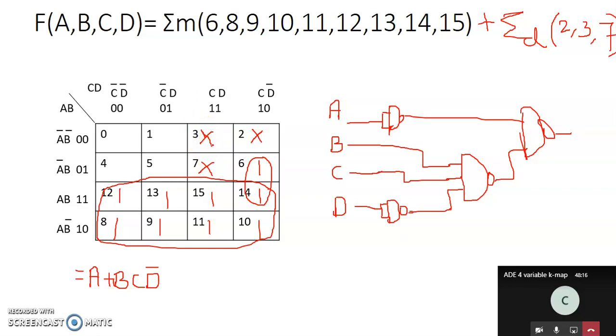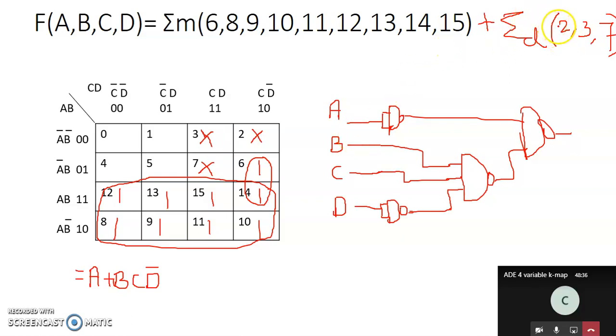The result can be 0 or can be 1. Whenever I use it to make a maximum number of ones into a group, I'll consider it as a 1 and group it. When I don't require it, I'll just neglect it.